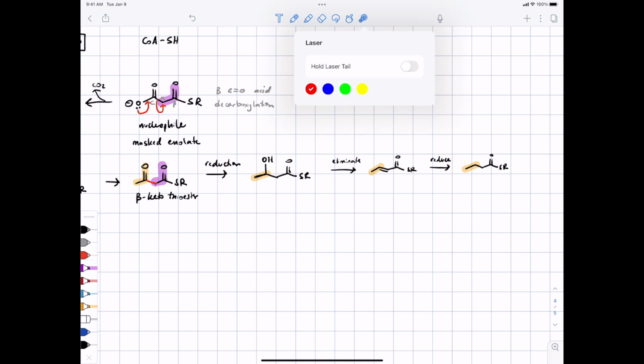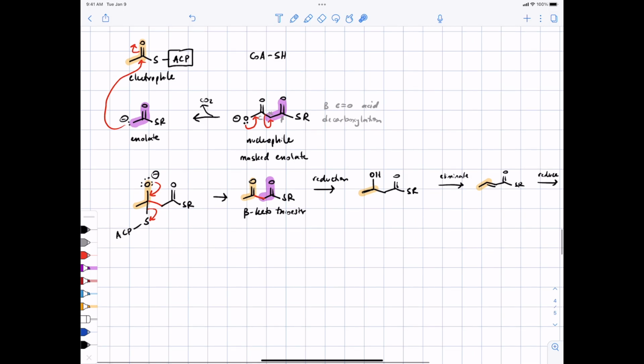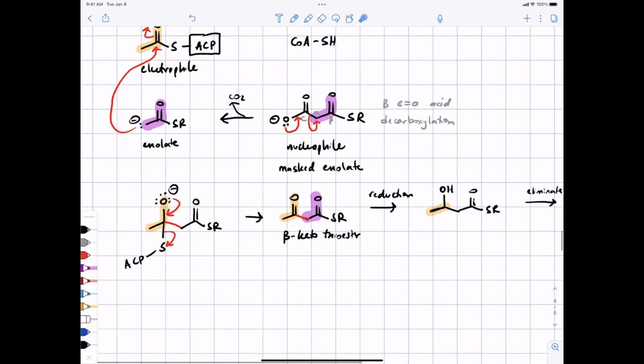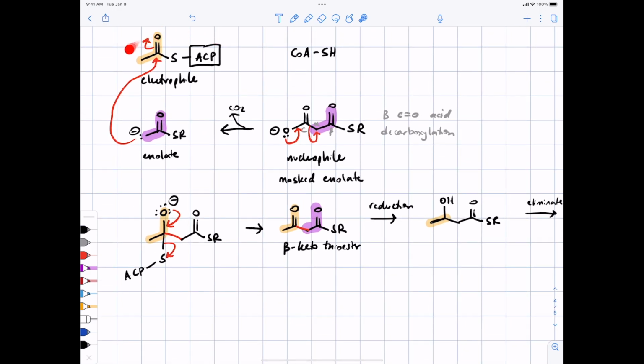Fatty acid degradation or metabolism is the exact backwards of this, and it involves a retro-Claisen reaction. But yeah, the key step that's similar to stuff that you've seen before today is this attack of an enolate on a thioester to get a tetrahedral intermediate, kick off the leaving group, you get a beta ketothioester as a product.